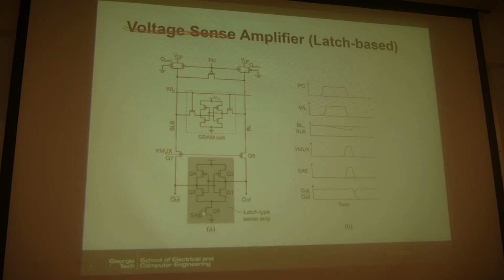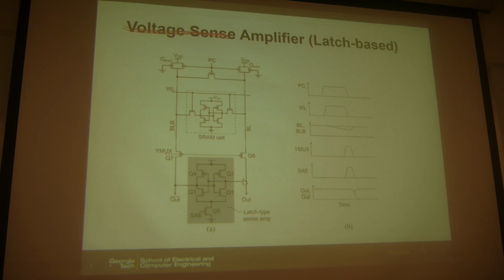But then later you will enable the sense-amp enable signal here. Then depending on the difference between those two, the latch will flip. Because the latch has positive feedback, the flip is very fast. So you can improve the speed in this case.